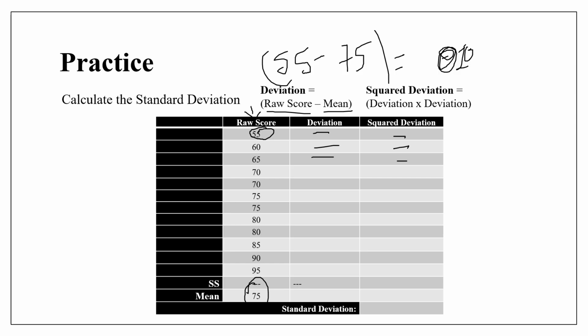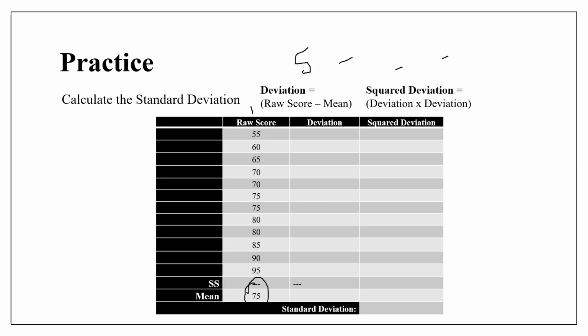And then for square deviations, let me clean this up. Once you calculate your deviation, you're going to have the information that you need, because square deviation, all it is, is deviation times deviation. So you're multiplying the number by itself. You can also see this noted as deviation squared, which is exactly the same thing. So these two things mean the same thing.